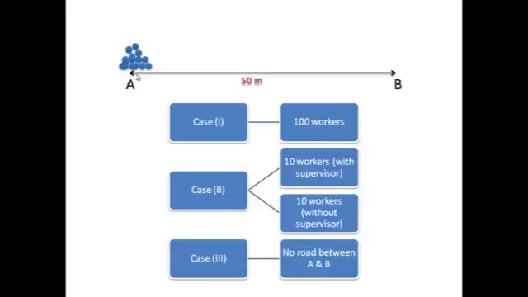All these 100 workers are made to stand one after the other, so they are very close. The first person picks up the stone and hands it over to the next, and then to the next, etc. After some time, the entire stones will be transferred from A to B. So the persons are not moving from their position, but the stones are transferred from A to B. A is considered as a high potential zone, and at B there is no material, it is a low potential zone.